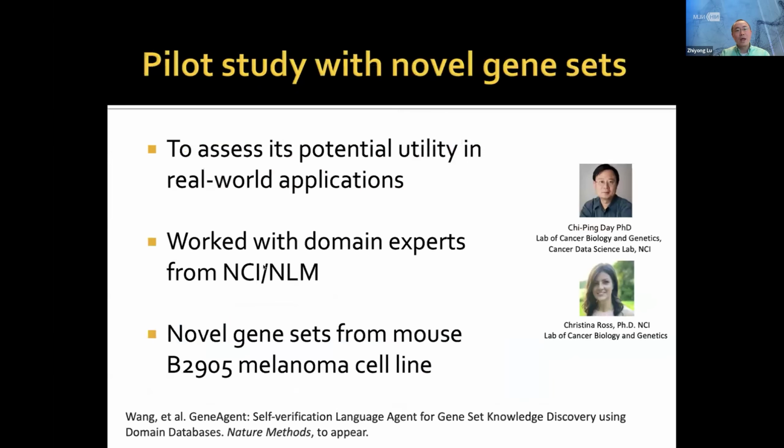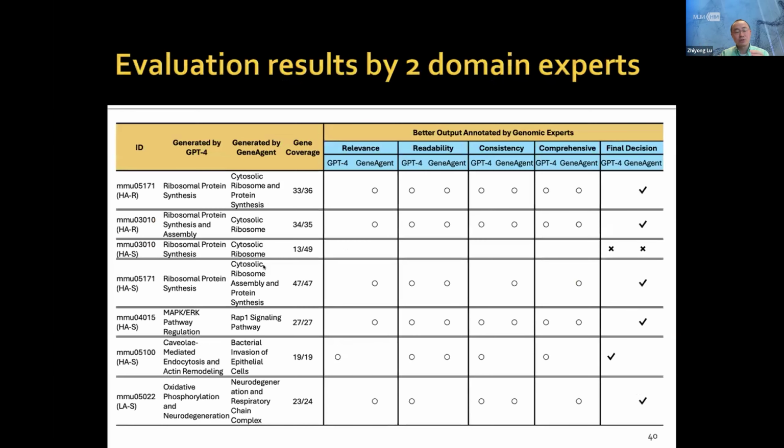And even more, we actually tested this on some novel gene sets that have never been published, based on experiments done by my colleagues at NCI. So we take 7 gene lists that were never published before, from mouse melanoma cell lines, and then we generate results based on standard GPT-4 as well as GeneAgent, which is basically standard GPT-4 plus this self-verification module, and ask 2 domain experts to blindly rank which one is better.